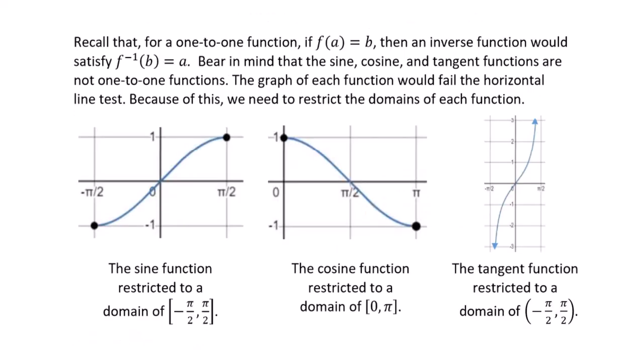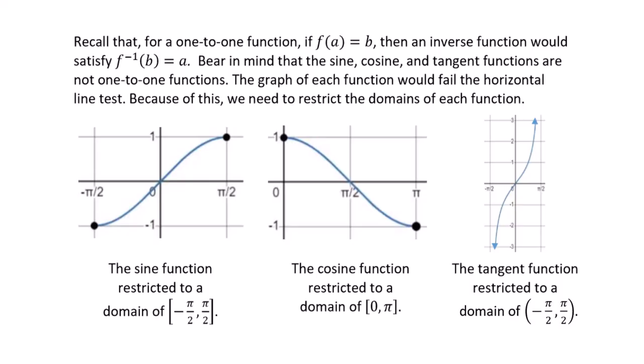Now recall that for a one-to-one function, if f of a equals b, then an inverse function would satisfy f inverse of b equals a. Bear in mind that the sine, cosine, and tangent functions are not one-to-one functions. The graph of each of those functions would fail the horizontal line test.